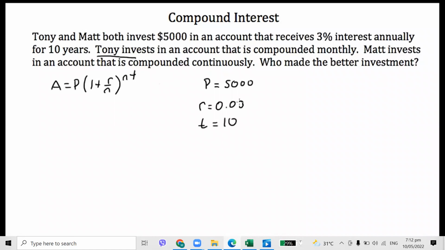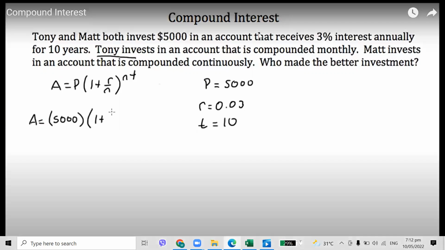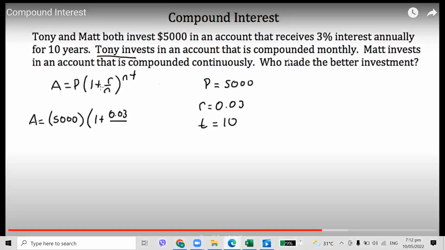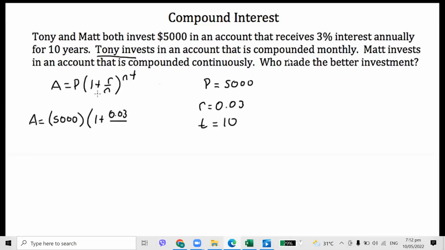If we plug all this in, we'll have A is equal to 5,000 times 1 plus 0.03 over n. n is the amount of times that Tony's account is compounded, and that's monthly, so 12 times per year. And that's to the 12 times t power, or 12 times 10 power.